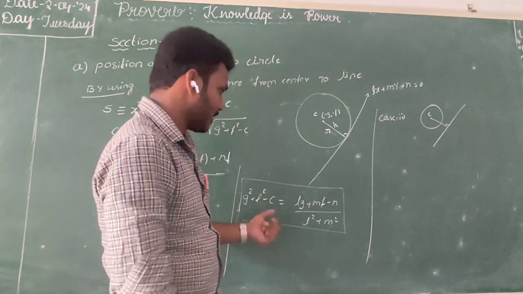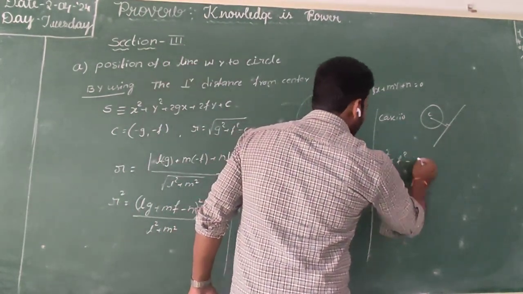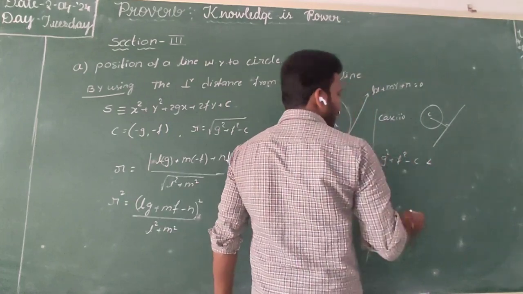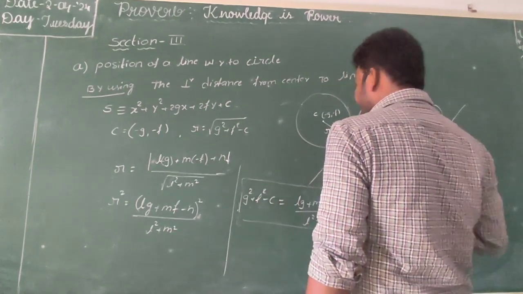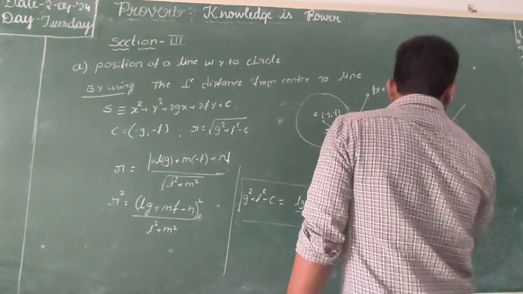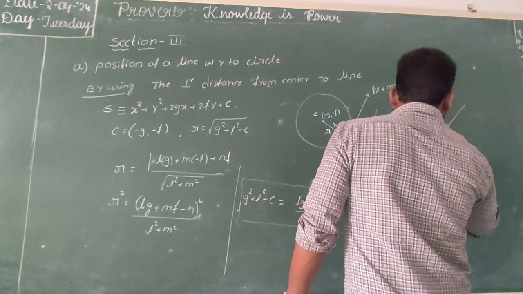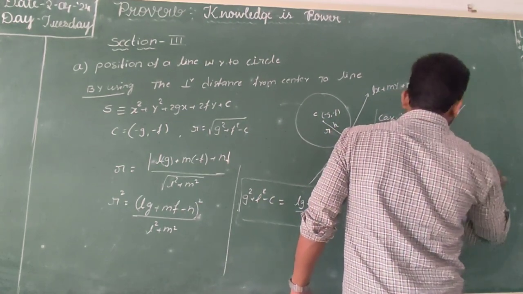So the relation is g square plus f square minus c is less than L g plus m f minus n by L square plus m square, because the distance is more than the radius.